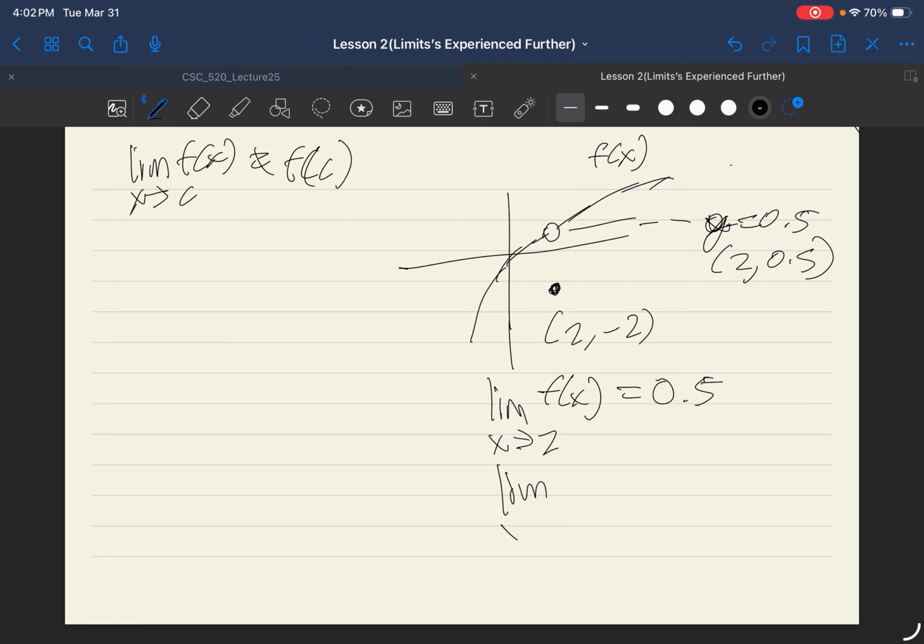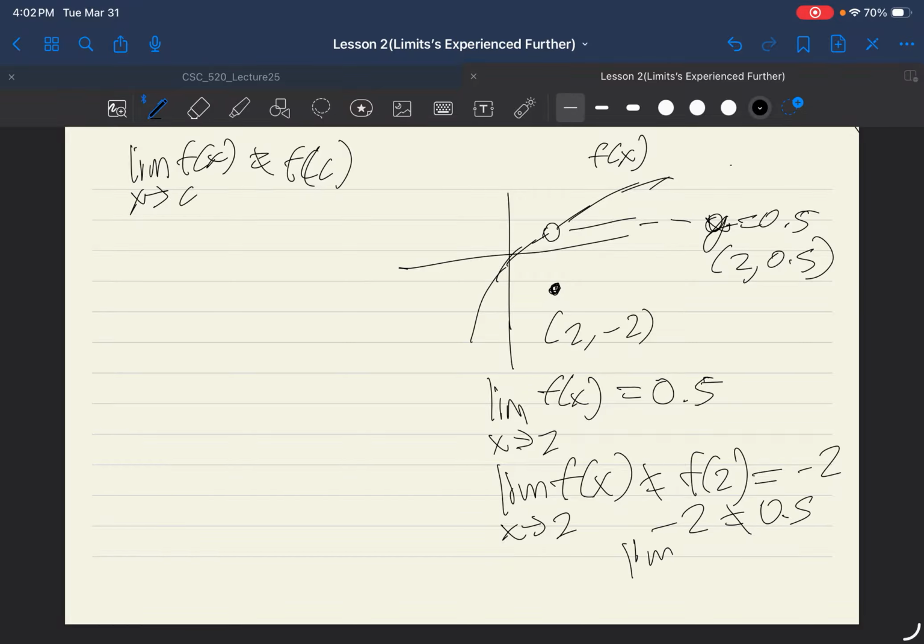But the limit as x approaches 2 is not actually going to be equal to f of 2, right? It's because we know f of 2 is equal to negative 2. And since negative 2 is not equal to 0.5, the limit as x approaches 2 of f of x is not going to be equal to f of 2.